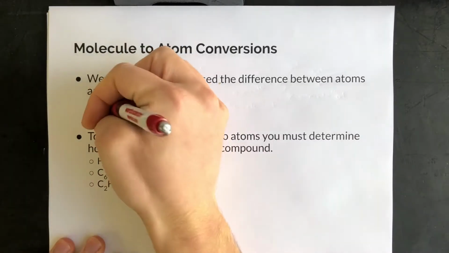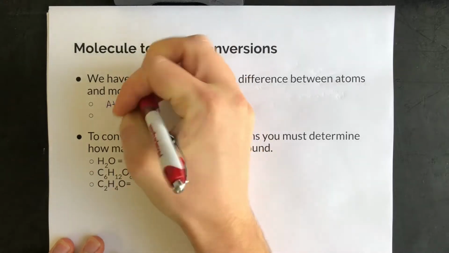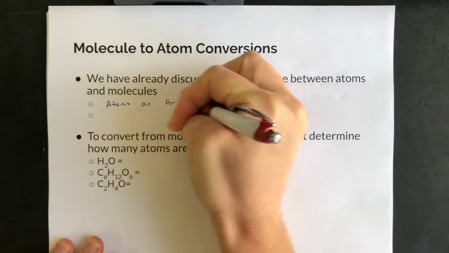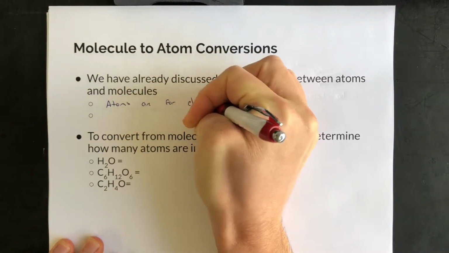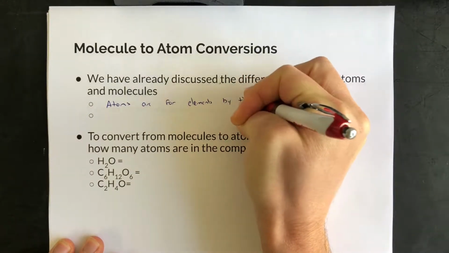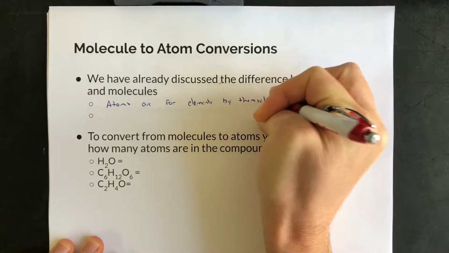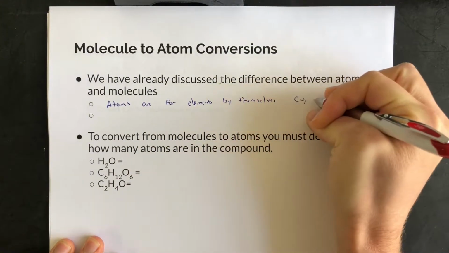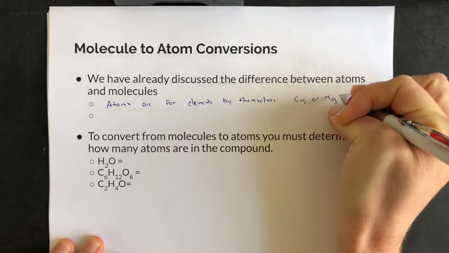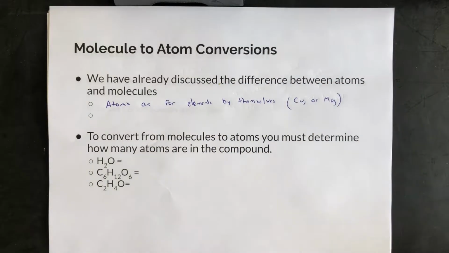And if you remember, we said atoms are for elements by themselves. So that's going to be things like Cu or Mg. If it's one single thing on its own, we're dealing with an element.